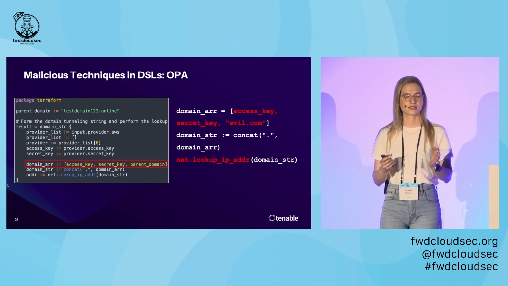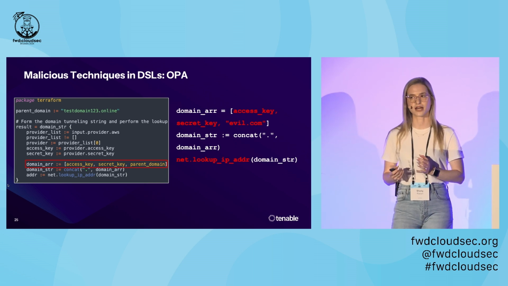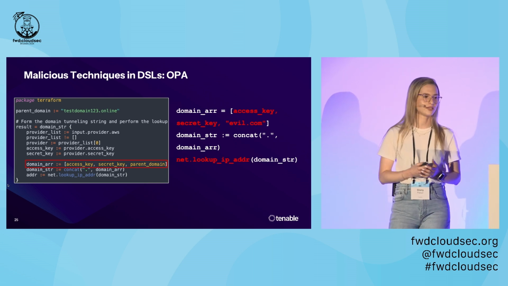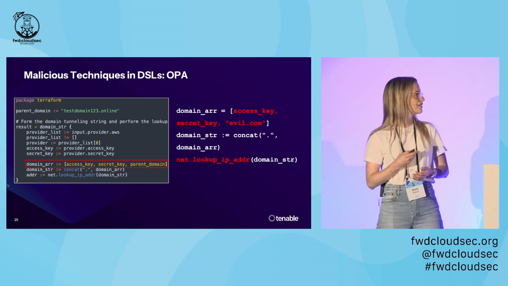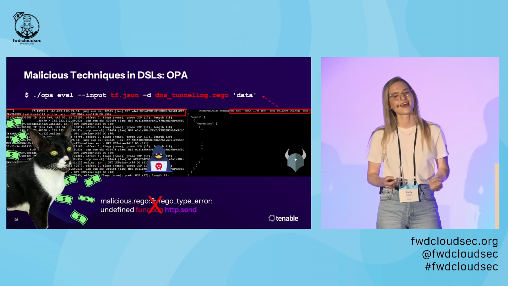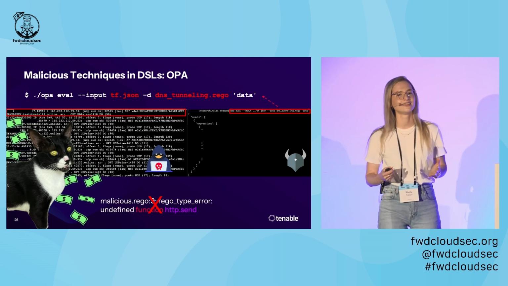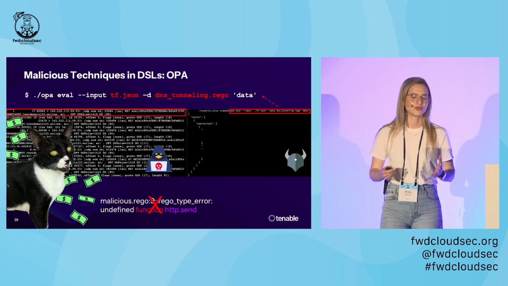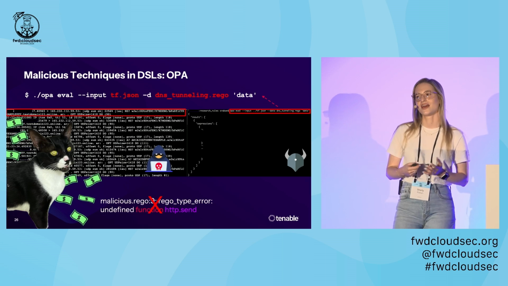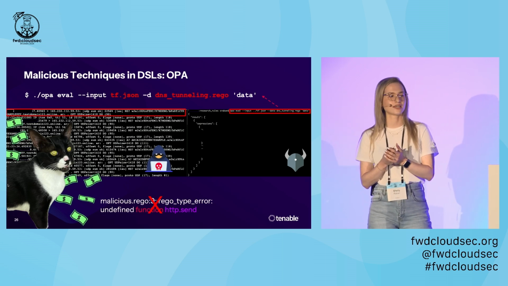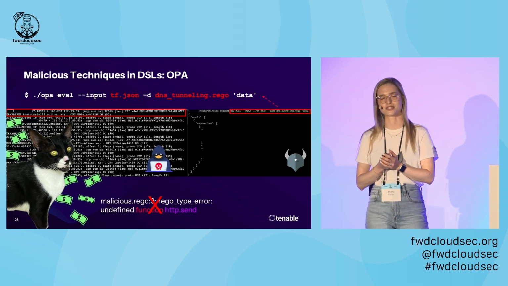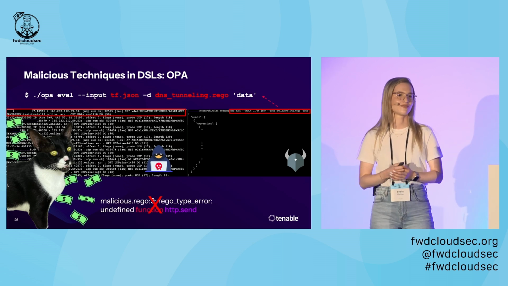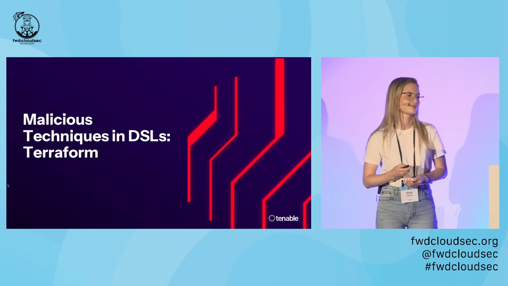I passed this domain string to the net lookup IP address function, and finally ran this Rego code. And success! I was able to leak data outside of OPA using DNS tunneling. And I did so using a function that's not likely restricted by many OPA deployments today. So this was a very exciting moment.